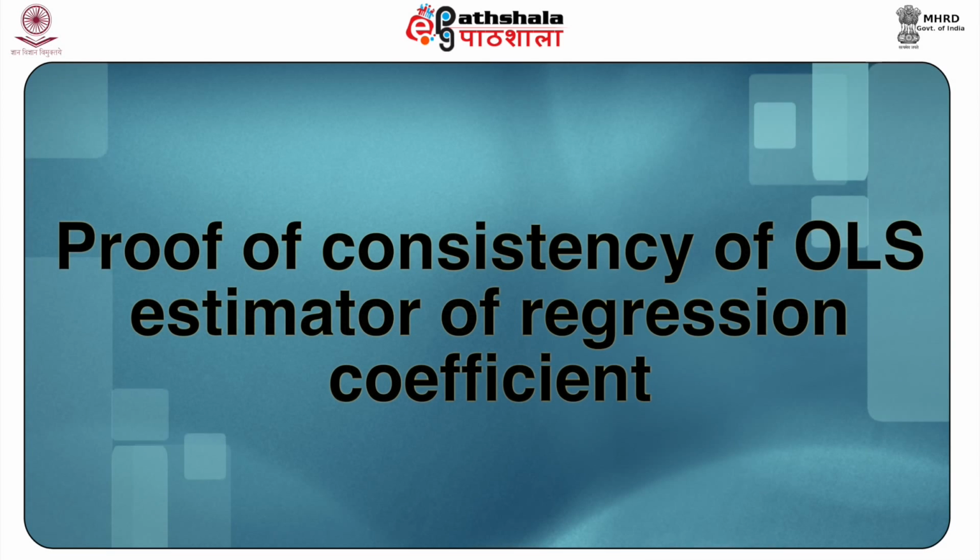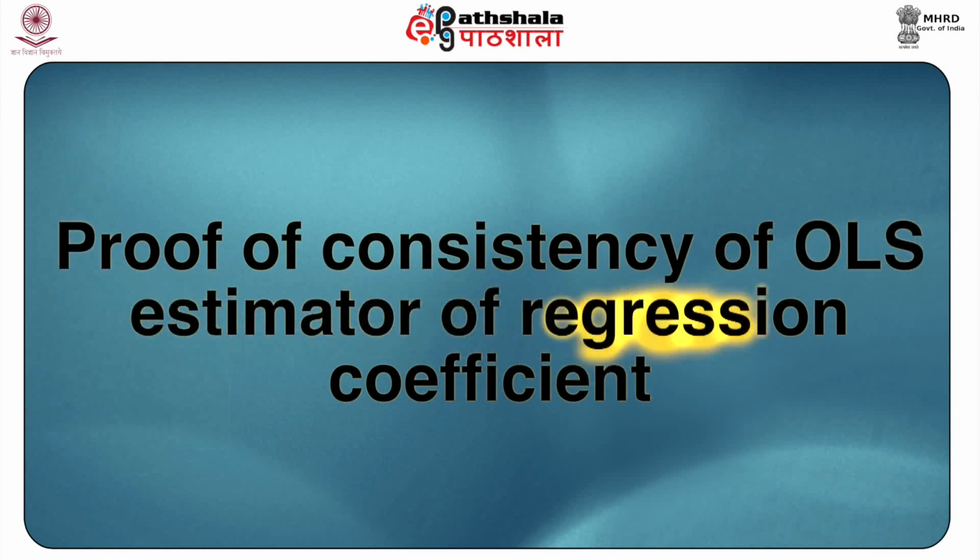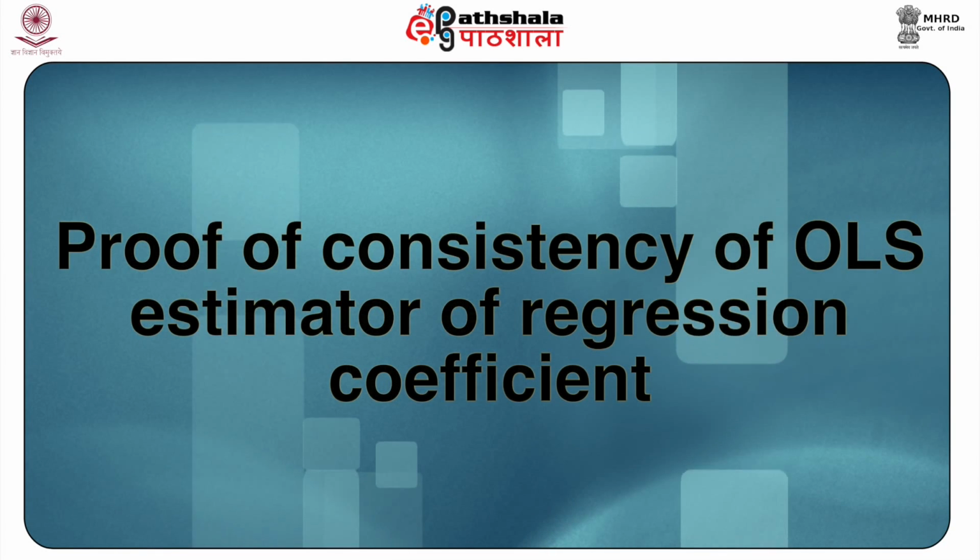Let us now discuss the proof of consistency of the OLS estimator of a regression coefficient. Since we know expected value of xi mu i is equal to 0, by the law of large numbers, we can say that the probability limit of beta hat will be equal to its expected value as n tends to infinity.